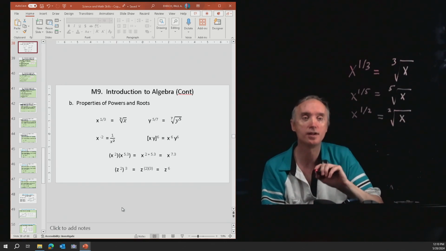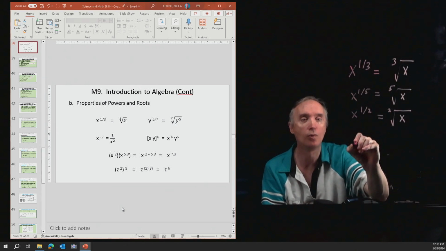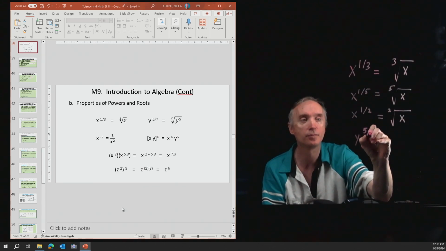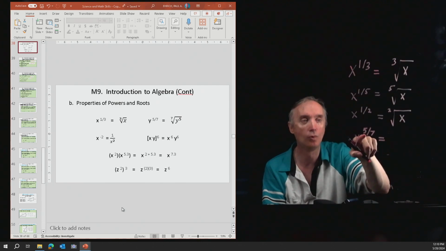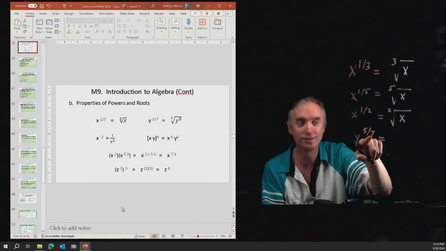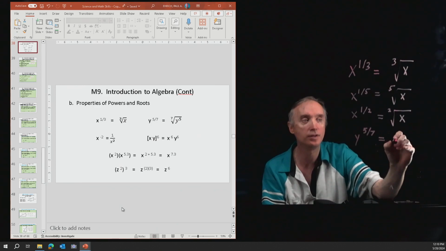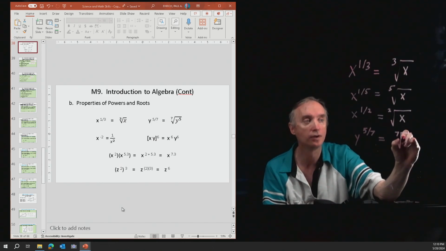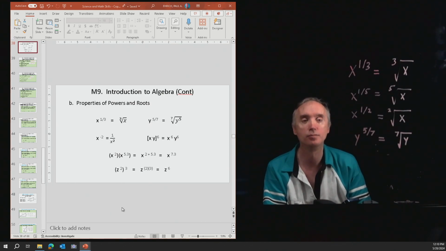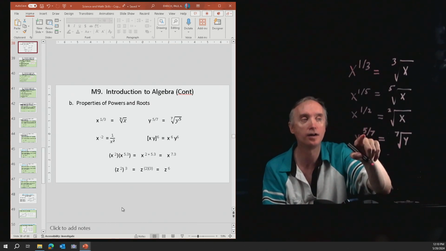Okay, the one that's next to it says that y is raised to the 5/7 power. So what does that mean? Well, we know that 1/7 is going to be the same thing as the 7th root of y. But also notice it's got the 5 there.